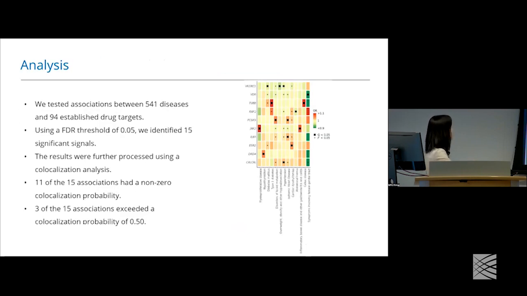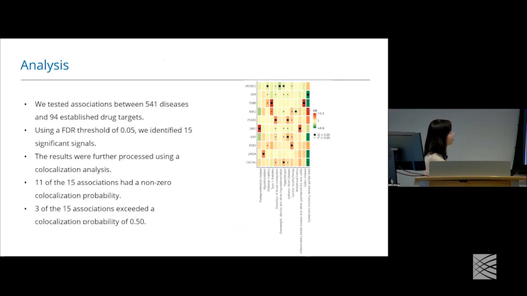So we tested associations between 541 human diseases and 94 established drug targets that can be imputed in the whole blood tissue. And using a significance cutoff, we identified 15 significant signals from the association study.